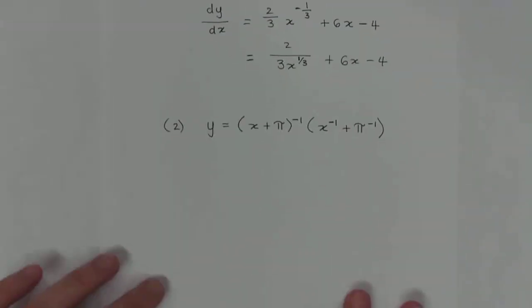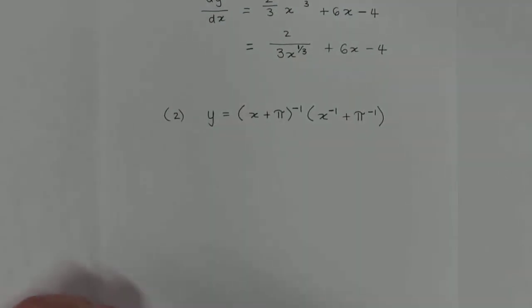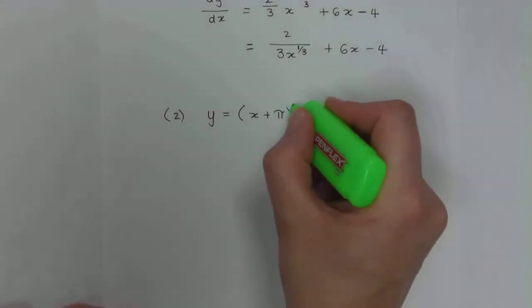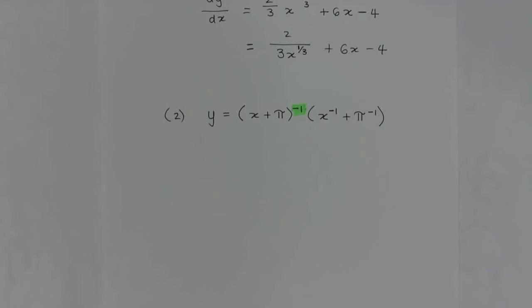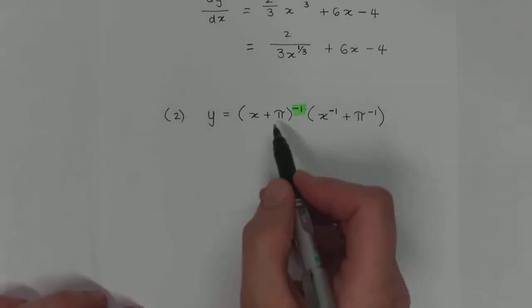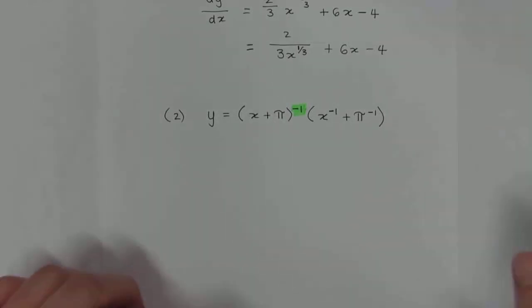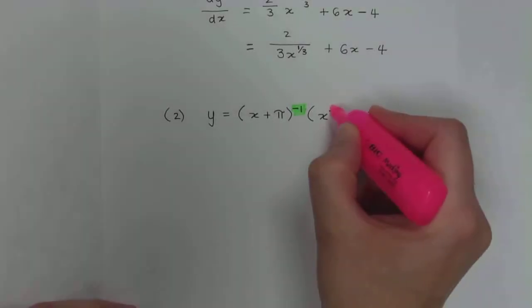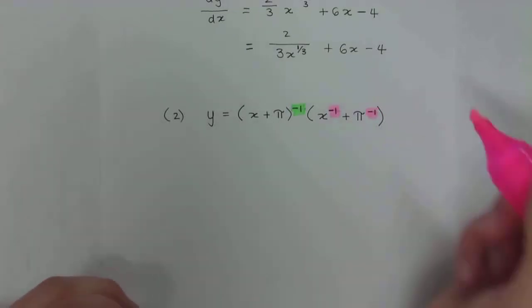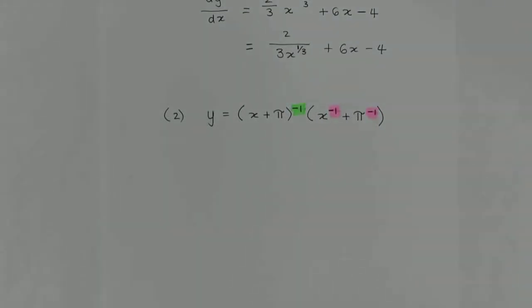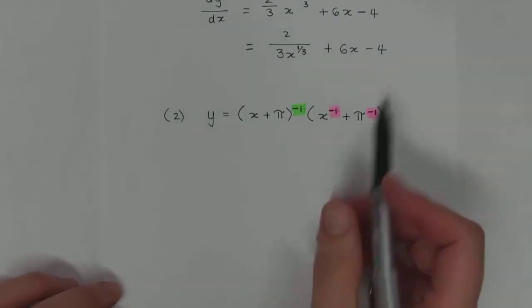Now, in that same paper, they had this question. Now, this question again, spot the trick. Quite a few of them actually. There is a minus 1, so a negative exponent, and careful, that negative exponent is applicable to the entire bracket. Whereas over here, there's again a negative 1 and a negative 1. Now, the good news about these negative exponents is the following.